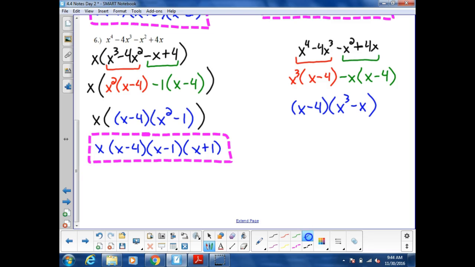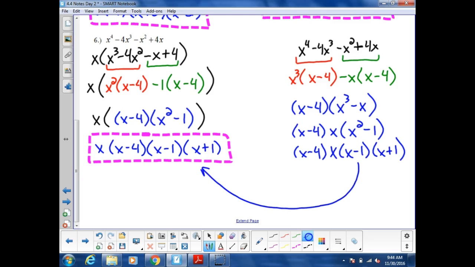What don't I like about x cubed minus x? You can GCF an x, right? So then this becomes x minus 4 times x squared minus 1. What don't I like about x squared minus 1? You can still factor it. So then it becomes x minus 4 times x minus 1 times x plus 1, which if I rewrote it, putting that x out in front, gets me right to that. So you get to the same place.